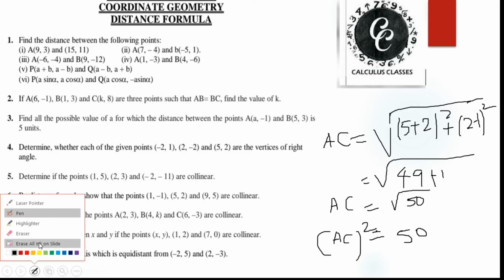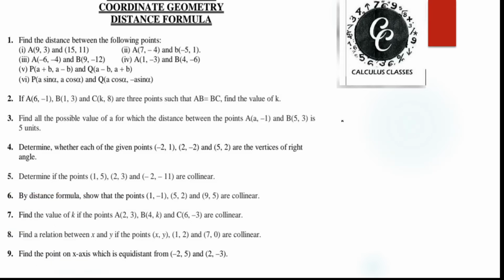Now I'm going ahead, so I'll apply the Pythagoras theorem. The sum of the squares of any two sides: I'm writing AB squared plus BC squared. So what will come?